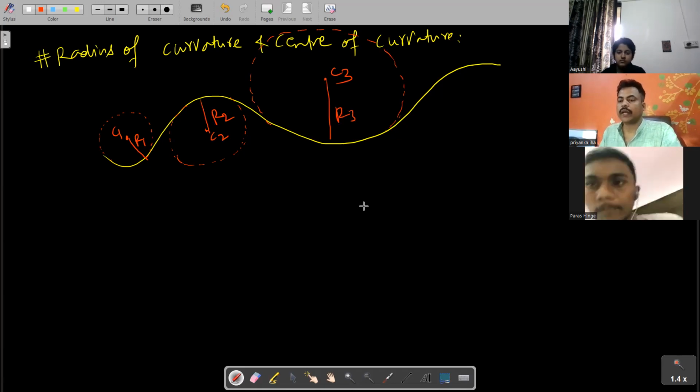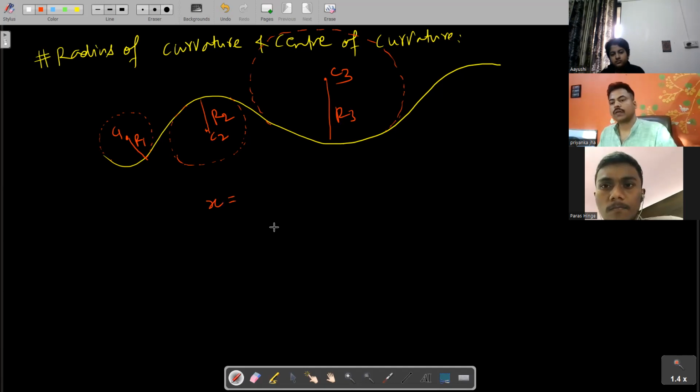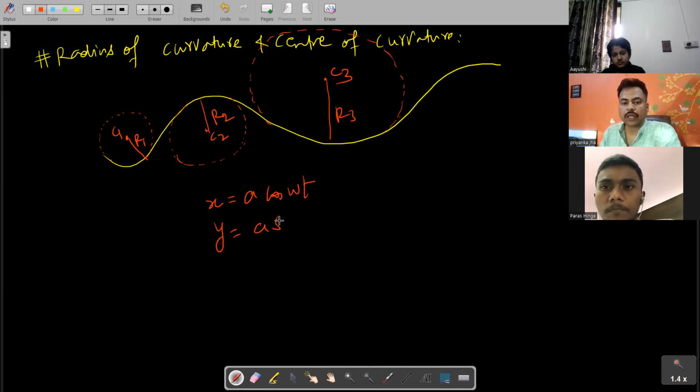Suppose you get a standard equation. For example, suppose a particle follows a path as per a certain rule, like the x coordinate of the particle varies as a cos omega t, and the y coordinate varies as a sine omega t, right? You can see that omega and t are variables, so you have to eliminate them.